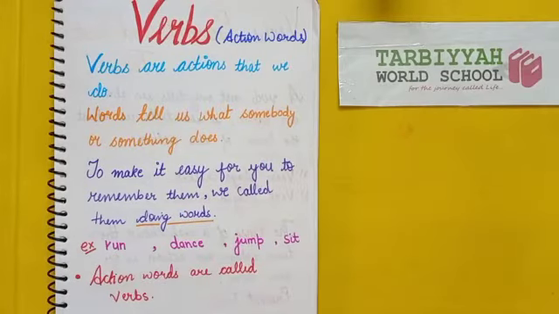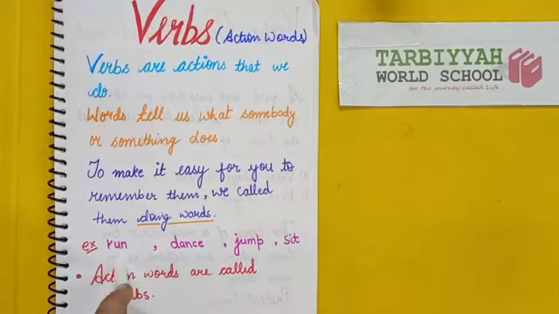For example, run, dance, jump, sit. Jack ran down the hill. The robin played a sweet tune on his pipe. So these are the action words. Run, she was running fast.